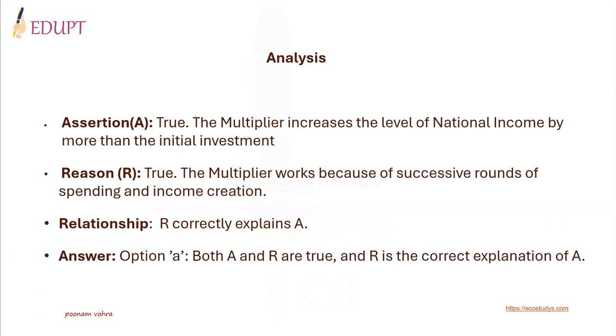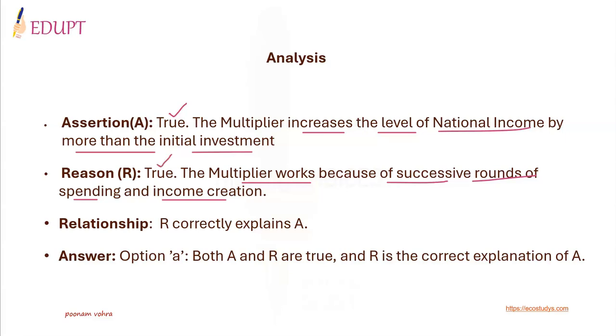Now let's analyze. Assertion is the statement that makes a claim. Here the claim made is that the multiplier increases the level of national income by more than the initial investment, which is true. Reason is the supporting statement that explains the claim. So here the reason is that the multiplier works because of successive rounds of spending and income creation.